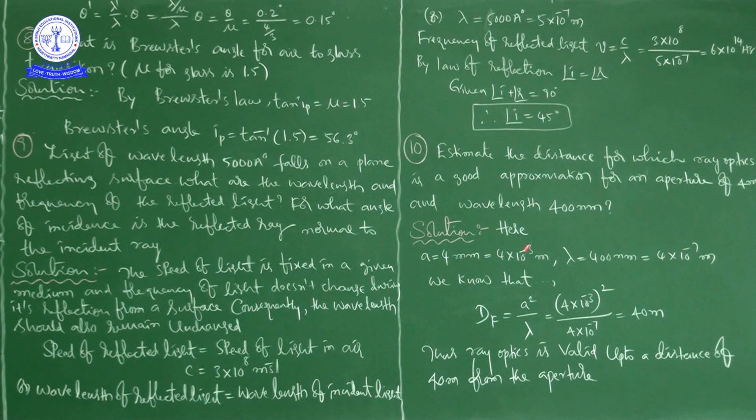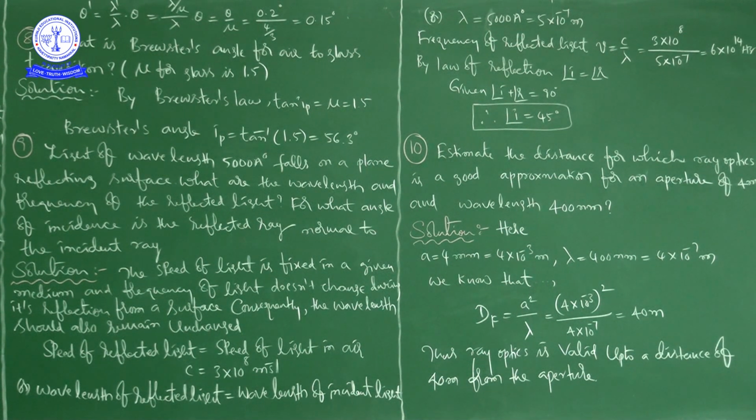Next problem, problem number 10. Estimate the distance for which ray optics is a good approximation for an aperture of 4 millimeters and wavelength 400 nanometers.